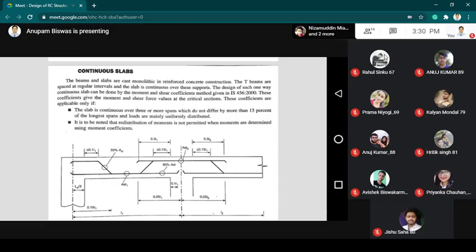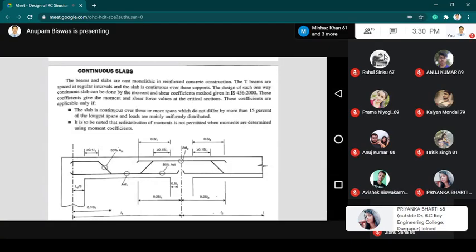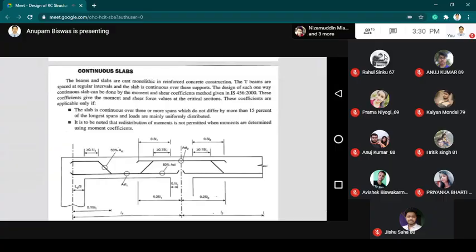In the section, as you can see, L1 and L1 are the corresponding effective lengths considered for a continuous slab. We consider the center to center distance between the supports, so L1 will have an effective span, then L2, then L3 and L4, and it proceeds like this. We have to provide the reinforcement bars, and the curtailment should be provided at a certain distance.